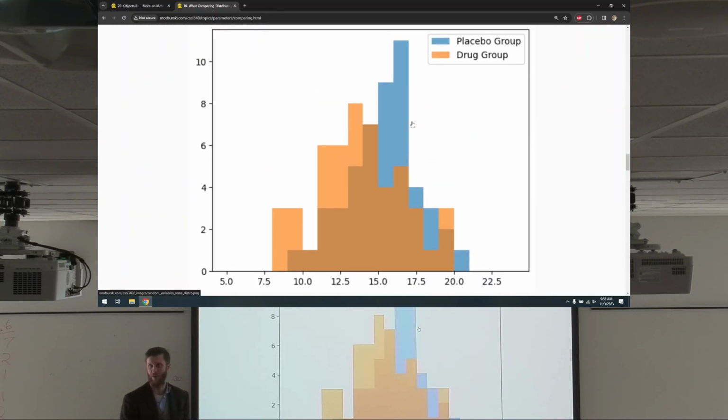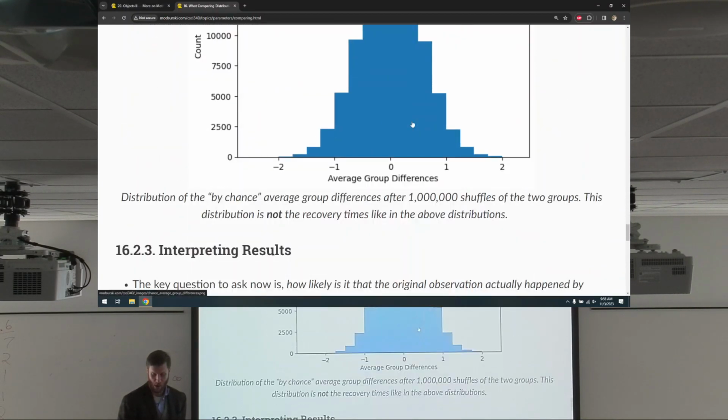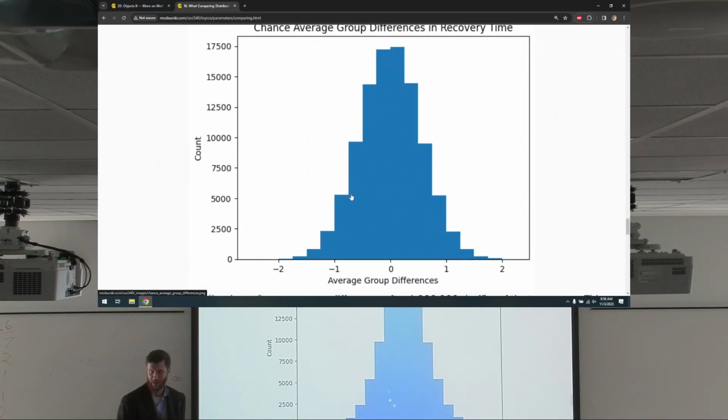When I did this, I was plotting the recovery times of the two groups. The average difference in the recovery time of these distributions was 1.6, or I'm guessing negative 1.6, and that is one data point in this histogram.